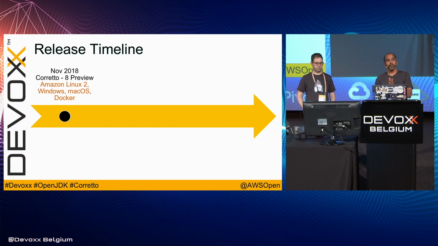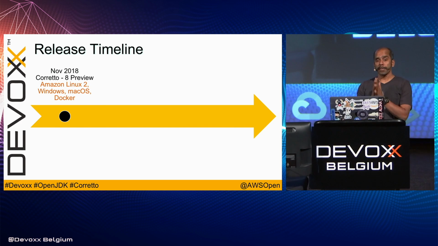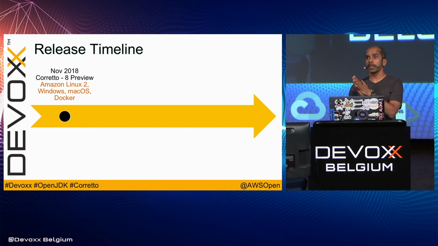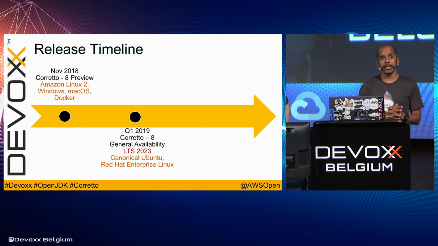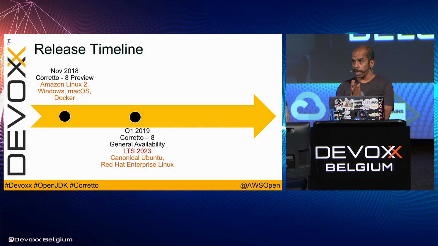In terms of the timeline, what we announced yesterday, Amazon Linux, Windows, Mac OS, those are the platforms that we're supporting, and there's a Docker image as well. So you can actually go to aws.amazon.com/corretto, and then download the builds from there and get started with that. In Q1 2019, we expect Corretto 8, which corresponds to OpenJDK 8, and the general availability for that.